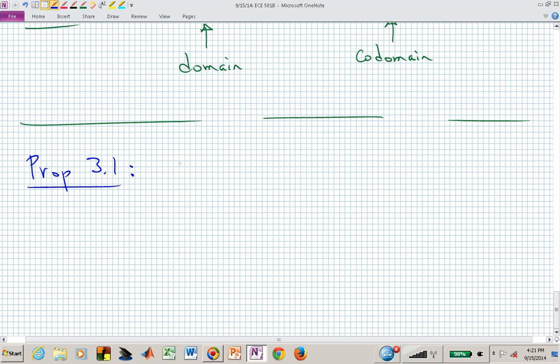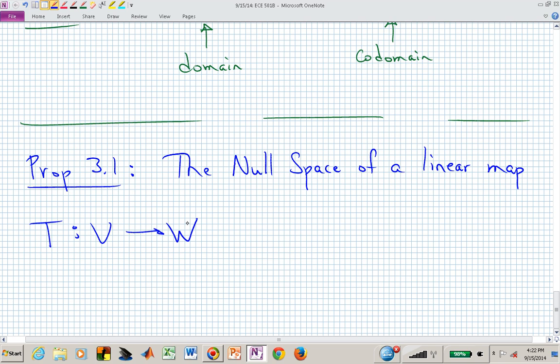Proposition 3.1: the null space of a linear map T such that V is taken into W is a subspace of what?